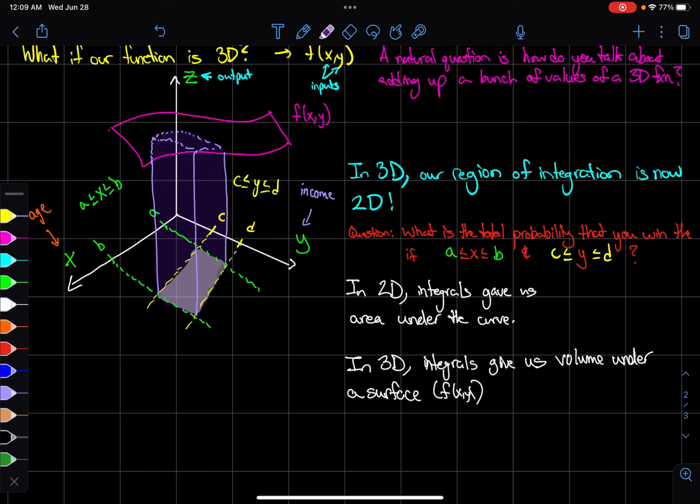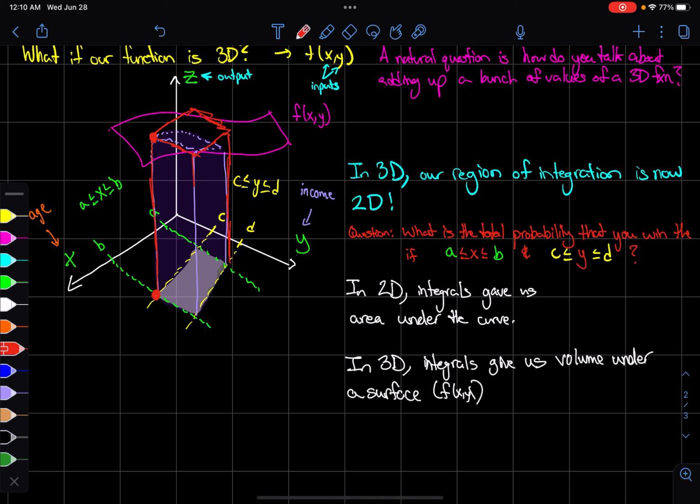Cool. Now, we have an idea this is going to become integrals, and we're going to use integrals. But for now, we can think about it as though maybe I didn't know that. And I just started off with the idea that, all right, well, with Riemann sums back in 2D, we took an input point, and we said, okay, well, let's just create a 3D shape here that kind of approximates that volume.